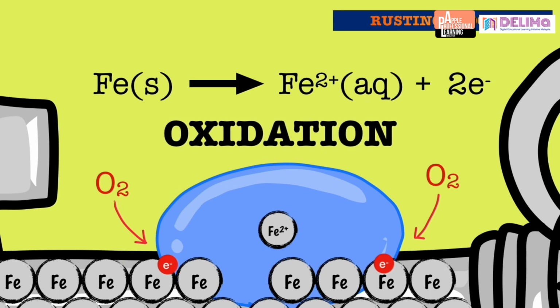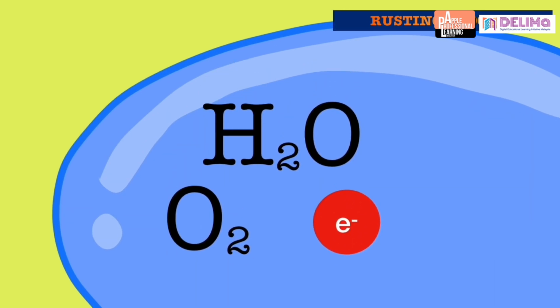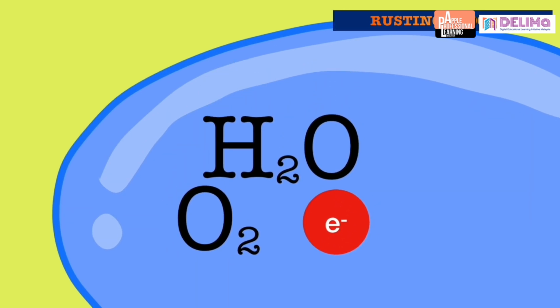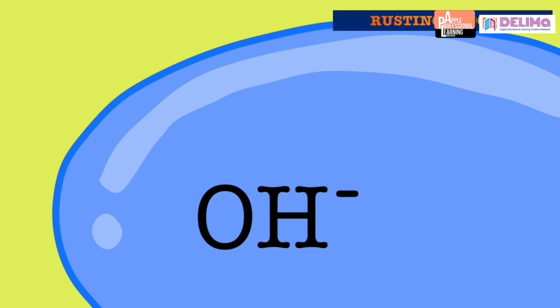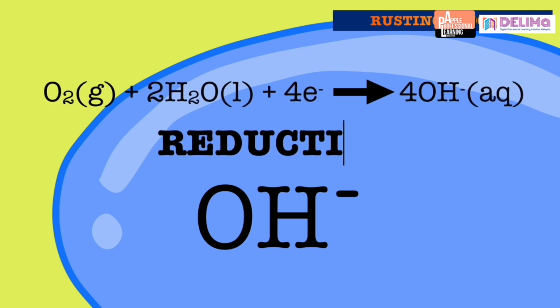Electrons flow through the iron to the edge of the water droplet where the concentration of oxygen is higher. Oxygen that dissolves in water accepts electrons and forms hydroxide ions. It is a reduction process.